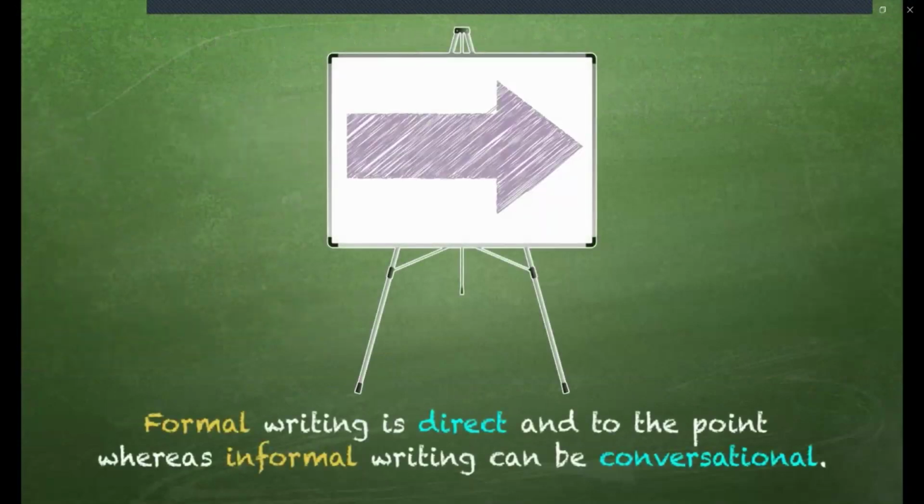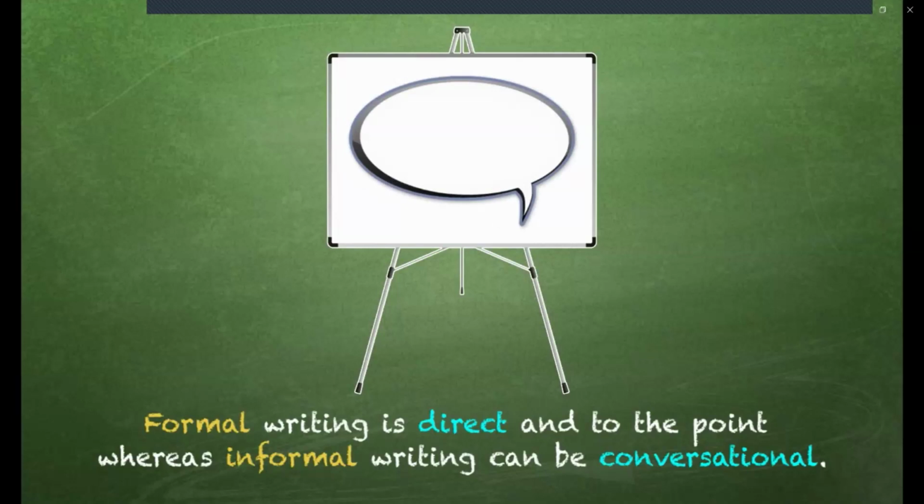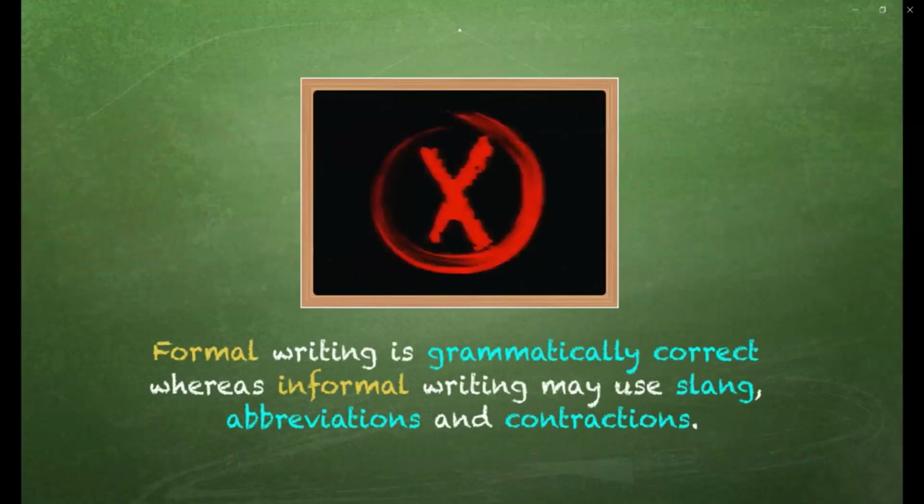So what are the differences between formal and informal writing? Formal writing is direct and to the point, whereas informal writing can be conversational. Formal writing is grammatically correct, whereas informal writing may use slang, abbreviations and contractions.